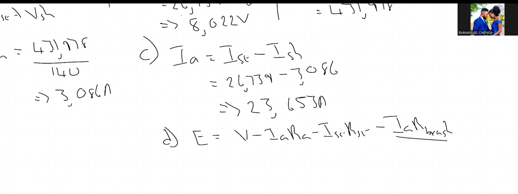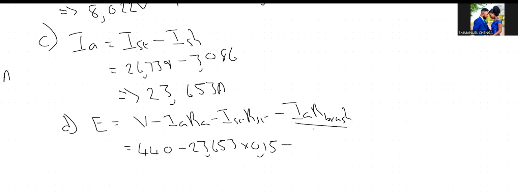So it's 440 minus 23,653 multiplied by the armature resistance 0,15 minus I series, which is 26,739 multiplied by 0,3, and then minus the brush shift voltage we're given, which is 4,2.